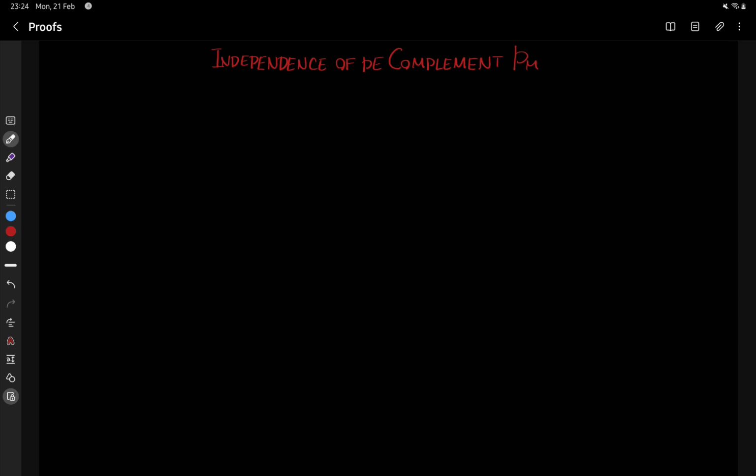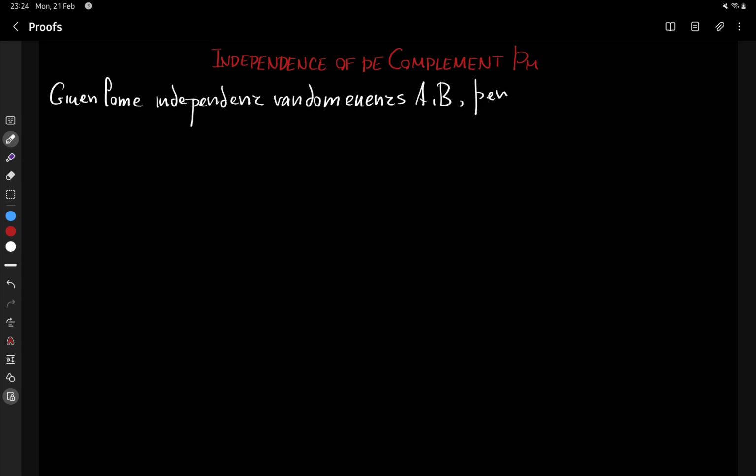And let's give it some mathematical foundation. Given some independent random events A, B, then 1, A and B complement are also independent.